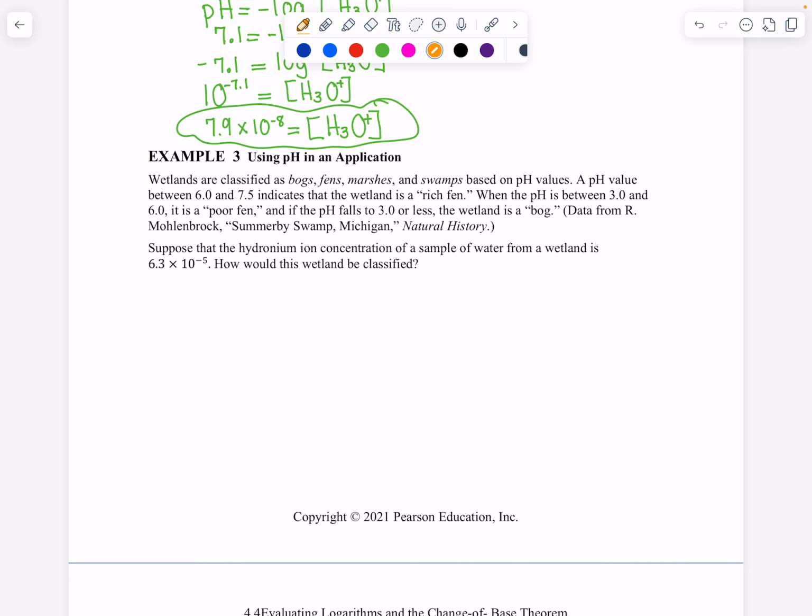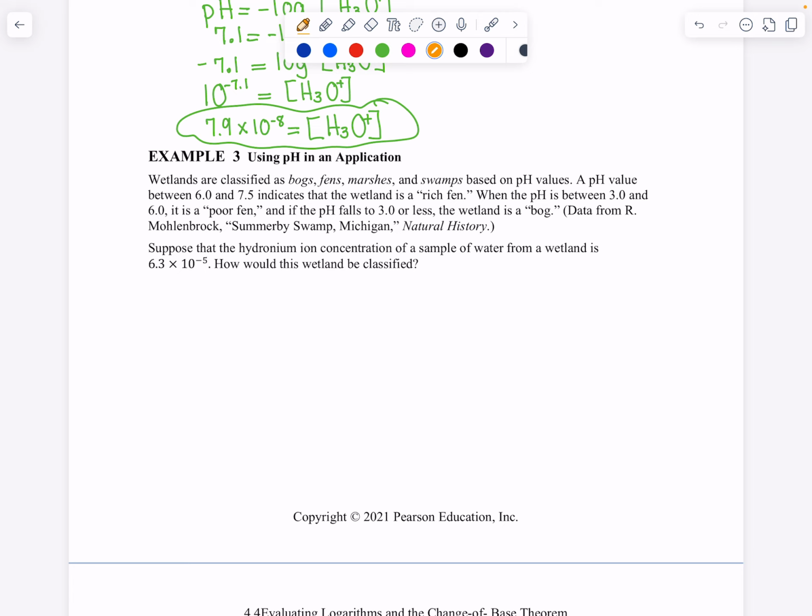Wetlands are classified as bogs, fens, marshes, and swamps based on pH values. A pH value between 6.0 and 7.5 indicates that the wetland is a rich fen. When the pH is between 3.0 and 6.0, it is a poor fen. And if the pH falls to 3.0 or less, the wetland is a bog.